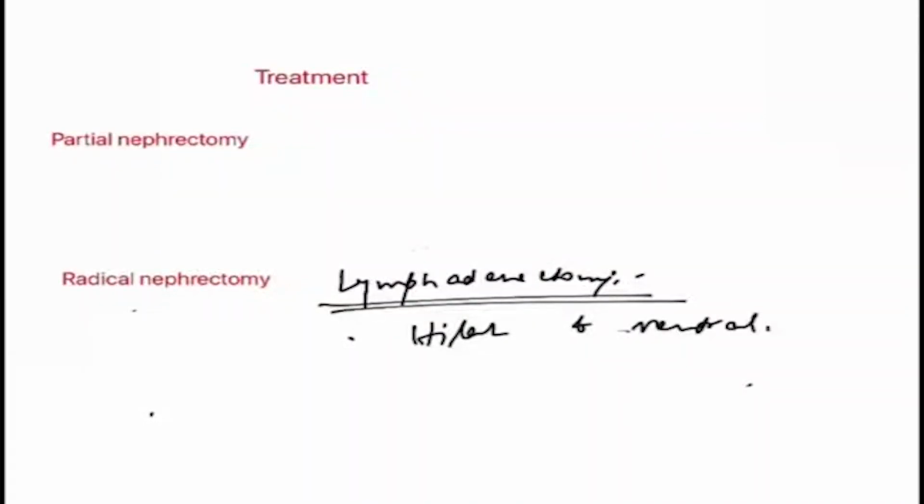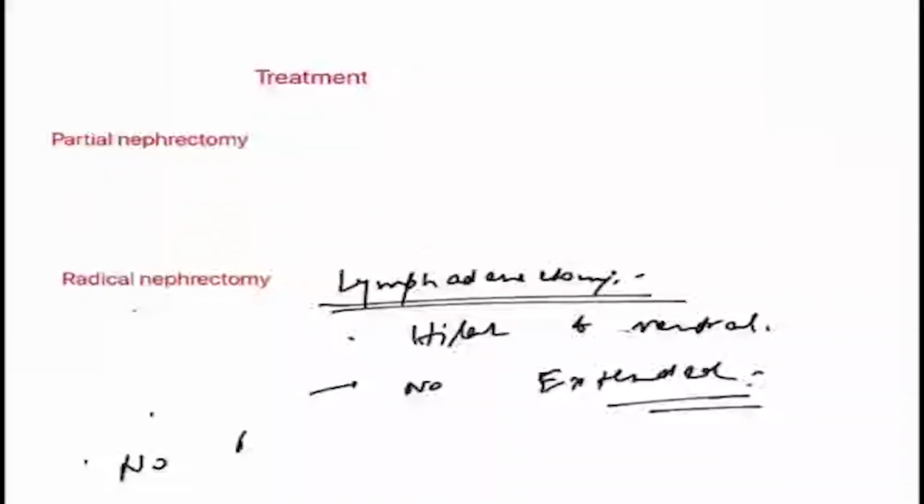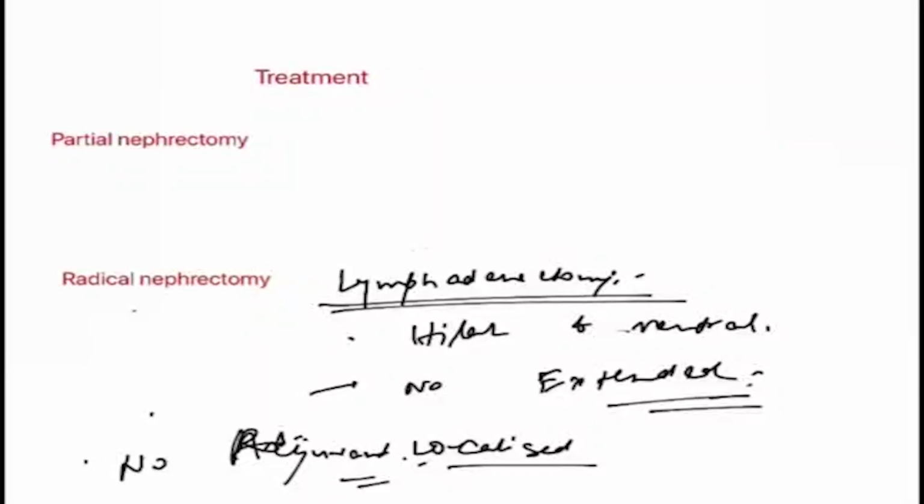The lymph nodes which are removed in radical nephrectomy are the hilar lymph nodes and the ventral group lymph nodes. There is no indication of extended lymphadenectomy, as it does not give any survival benefit and morbidity is increased. There is no role of adjuvant chemotherapy in localized disease.